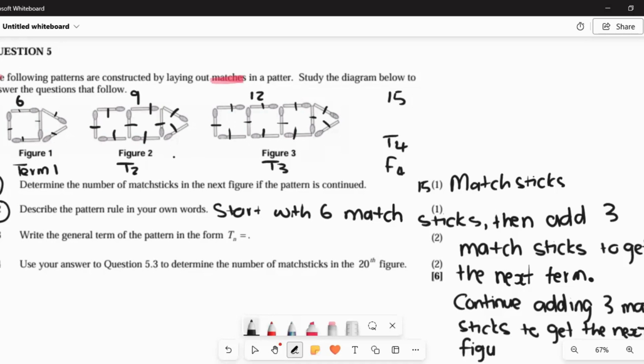So this is when you write it in your own words. It looks quite long when you write it down, but it's actually easy.